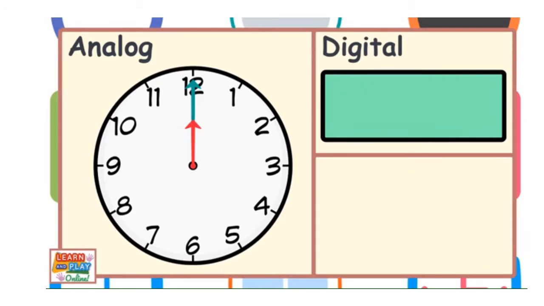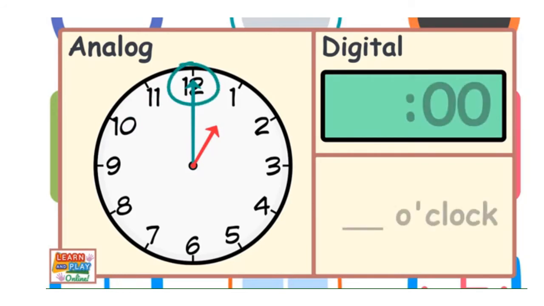Since there are 60 minutes in 1 hour, let's have a look at what happens when the minute hand moves clockwise around the clock. The minute hand is pointing to the 12, so it is something o'clock. The hour hand is pointing at the number 1.